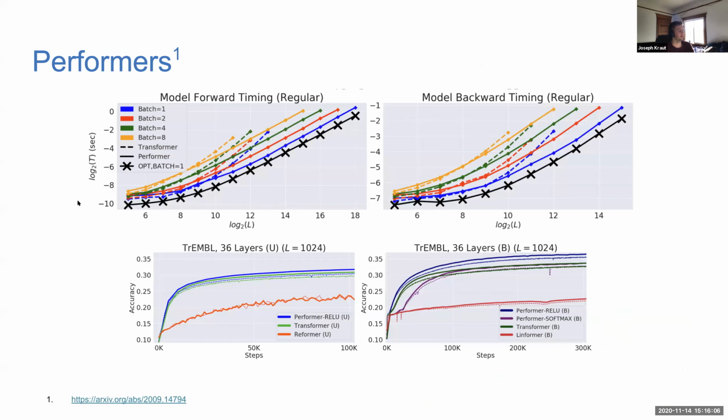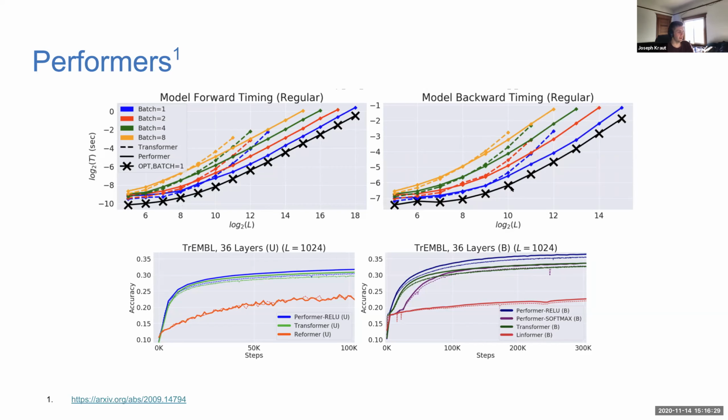What this pretty recent paper observes is that their performance scales linearly as expected. You can see the quadratic region of these transformers. The dotted lines are the regular transformers. The solid lines are the performer. The dotted lines start to diverge as the length of the sequence increases.